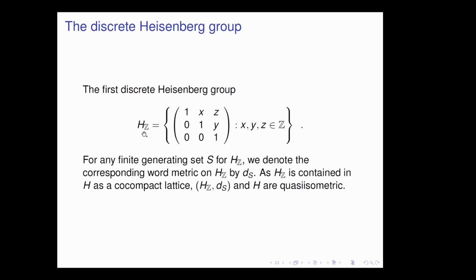Now the discrete Heisenberg group sits inside the Heisenberg group as a co-compact lattice. So it implies that the discrete Heisenberg group with the word metric and the Heisenberg group are quasi-isometric.